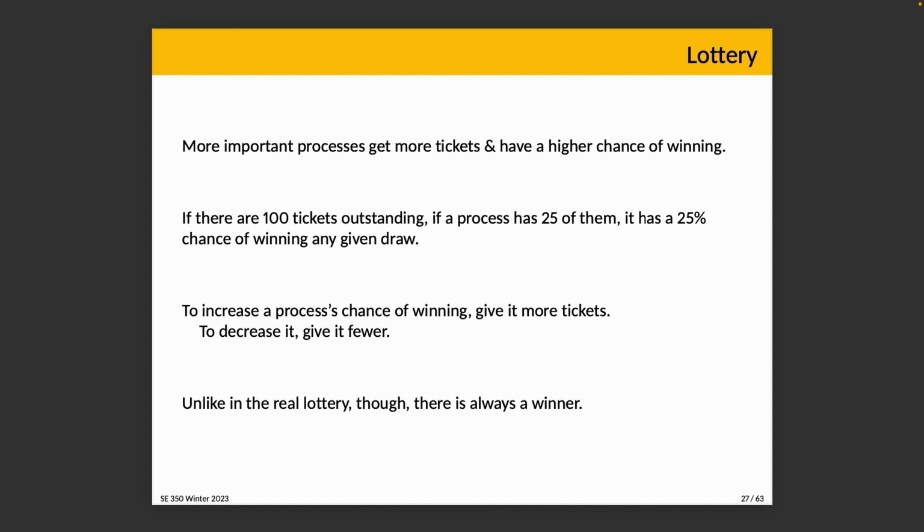And again, it's not that processes go and buy tickets and hold on to them. The operating system will know that, okay, if the range of process A is from 0 to 12, and the random number that is generated appears between those values, then process A is selected to run. So don't get too caught up in the lottery analogy.